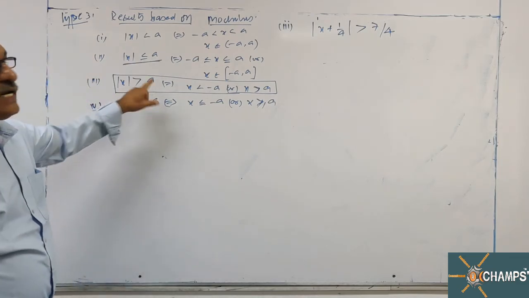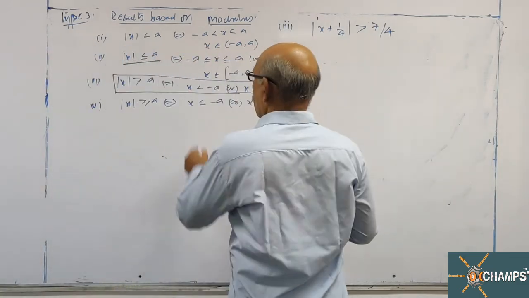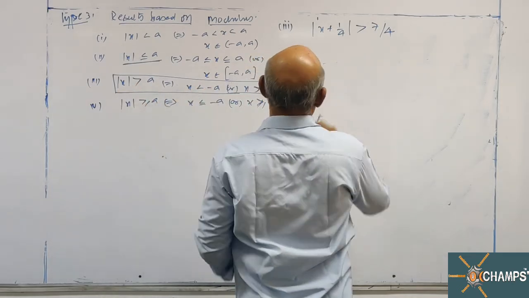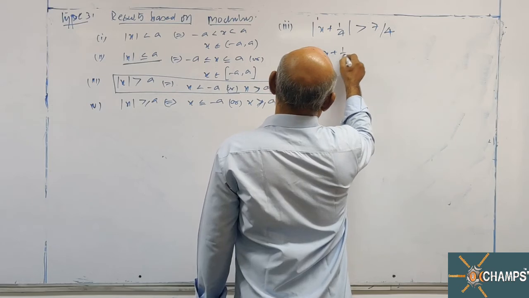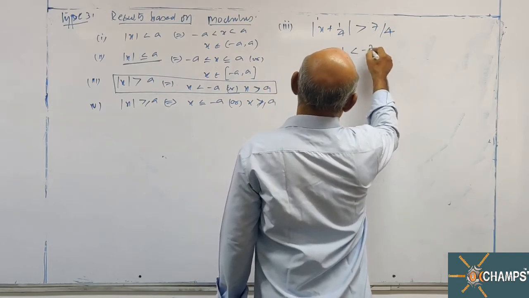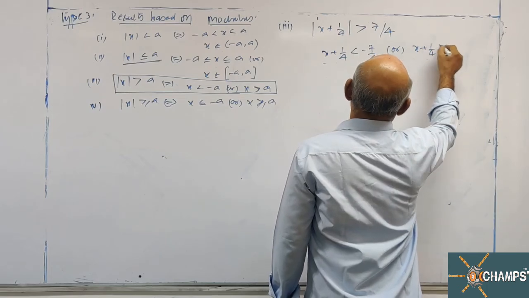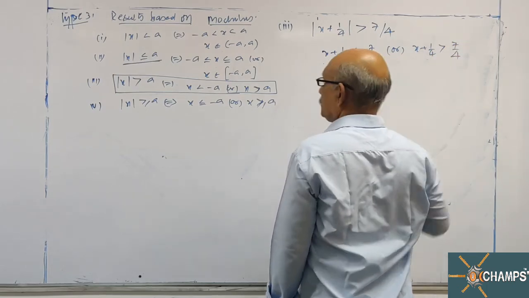Modulus of x is greater than a. So how can you write? First you have to eliminate the modulus: x is less than minus a or x is greater than a. So x plus 1 by 4 is less than minus 7 by 4, or x plus 1 by 4 is greater than 7 by 4.